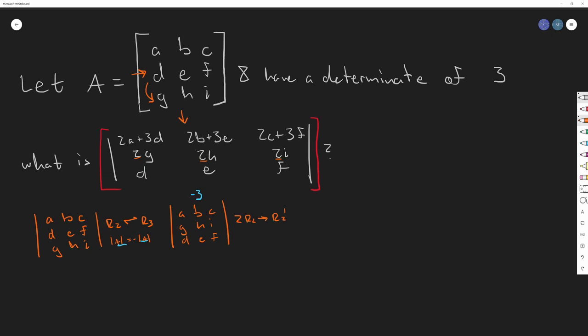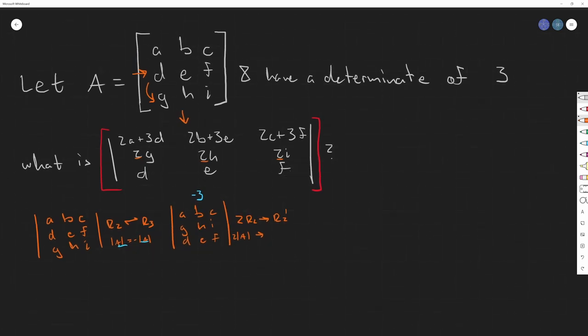And when you multiply a row by any scalar, the determinant also gets multiplied by that scalar. The determinant will now be twice.